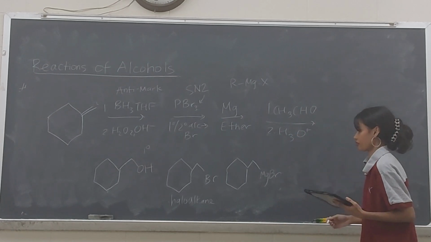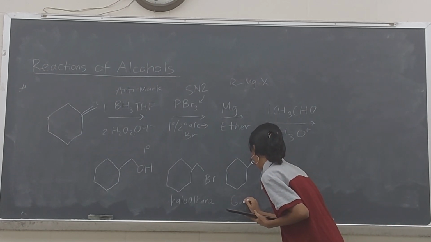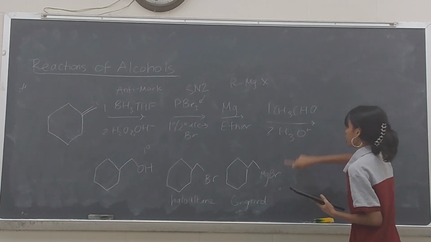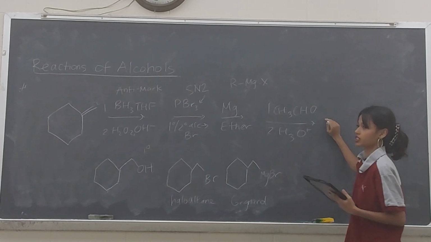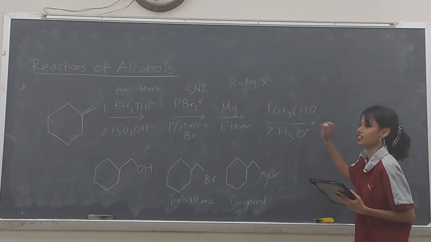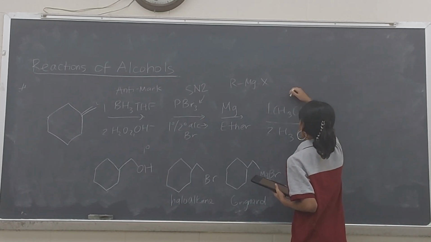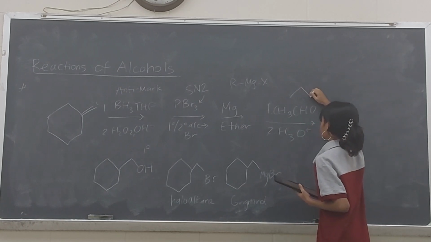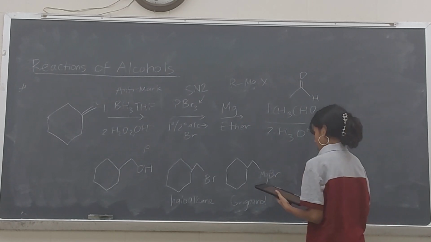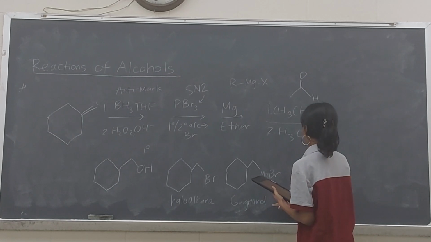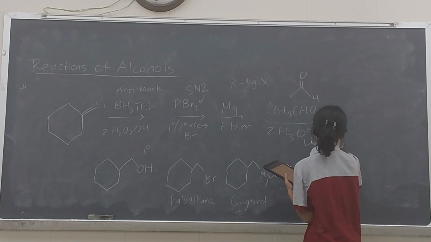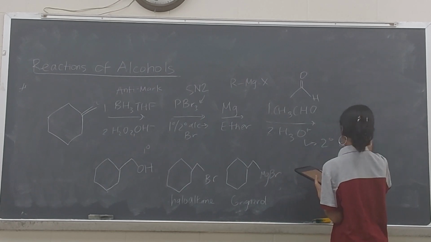So this will be the Grignard. And then Grignard plus this, does anyone recognize what it is? Aldehyde, yeah. So methyl, carbon, hydrogen, and then double bonded O up. And as we said, Grignard plus aldehyde will give you a secondary alcohol.